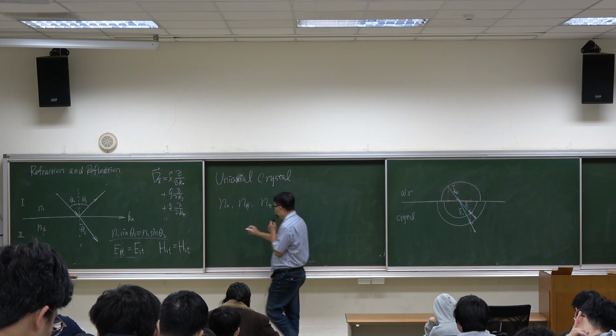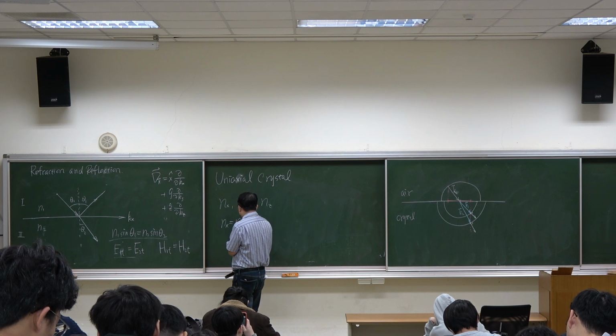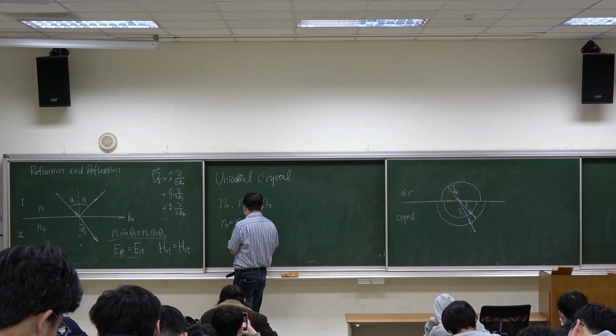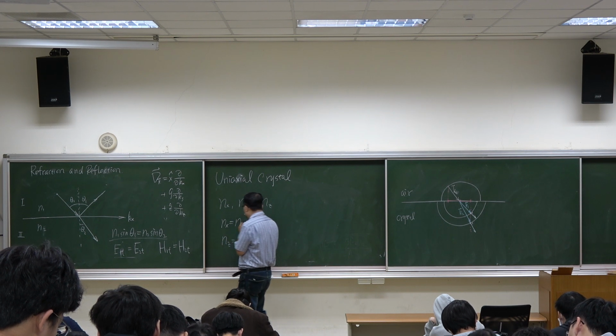For example, nx is equal to ny equal to no, and nz equal to ne.